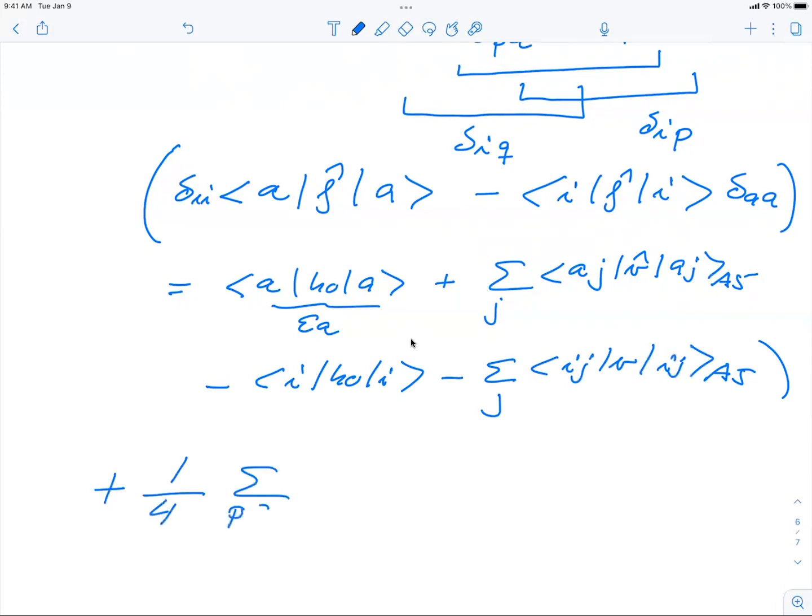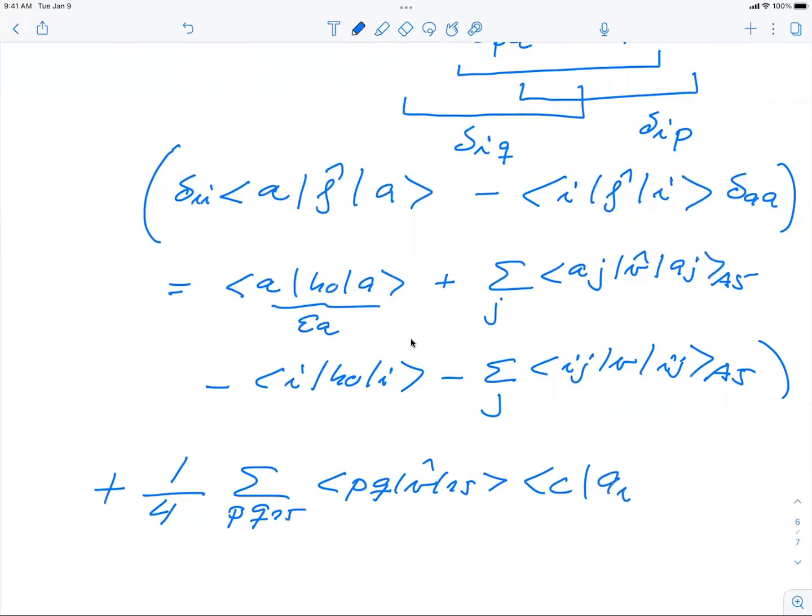So we have a sum over PQRS, and we have PQ of V RS. And as I said, I'm skipping these curly brackets to indicate that we have creation and annihilation operators which are set up according to the new vacuum.